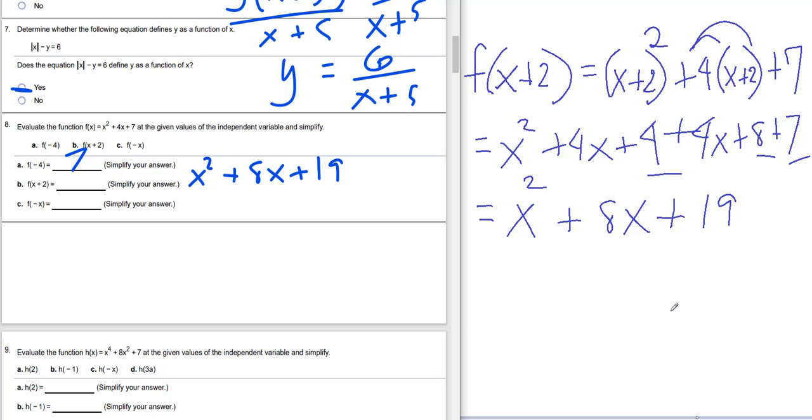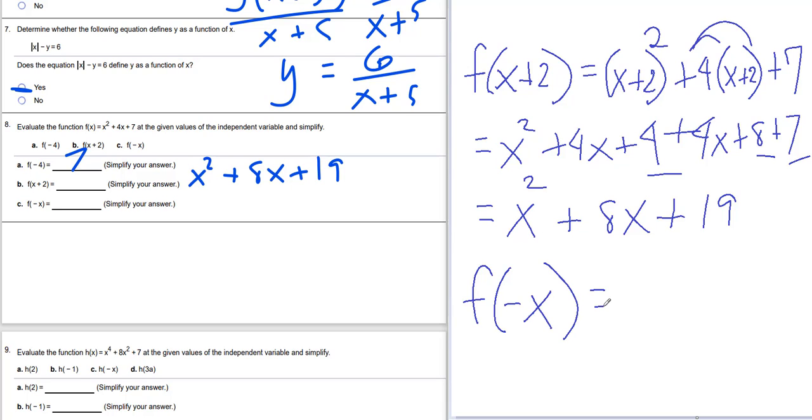Now, something we'll be looking at pretty soon is the symmetry of graphs. And so we're going to look at f of x and f of negative x. And this is going to tell us something about the graph of the function. Again, I'm going to replace every x in parentheses with negative x.